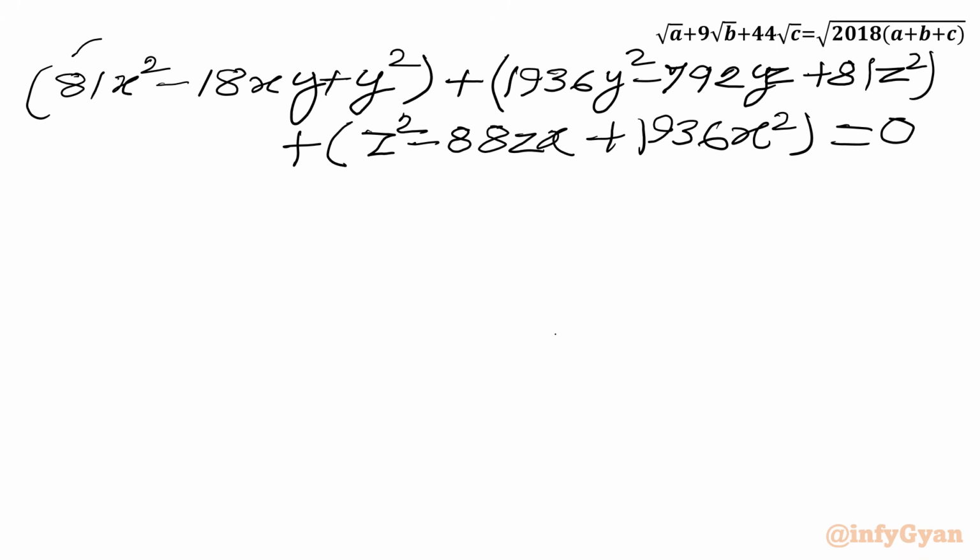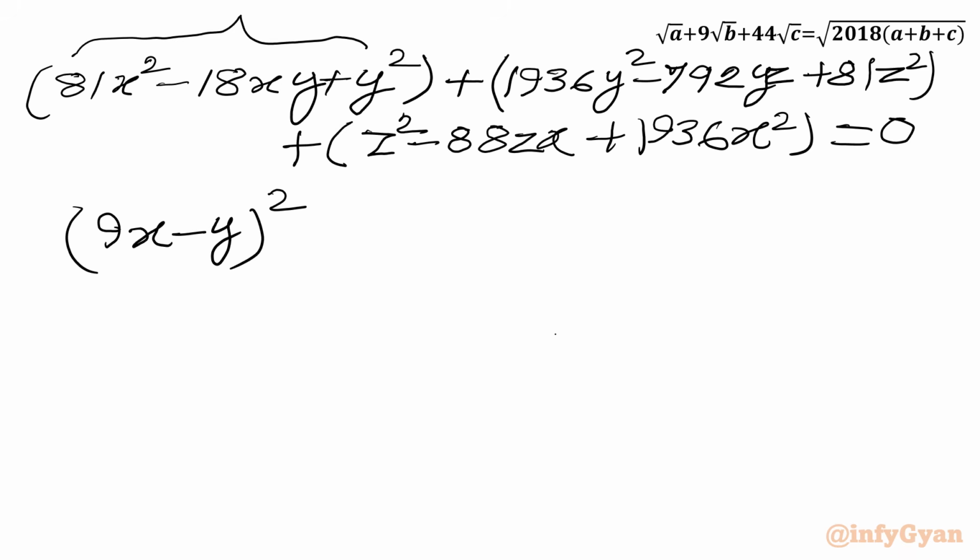Now this is (9x minus y) whole square. The second bracket is (44y minus 9z) whole square.